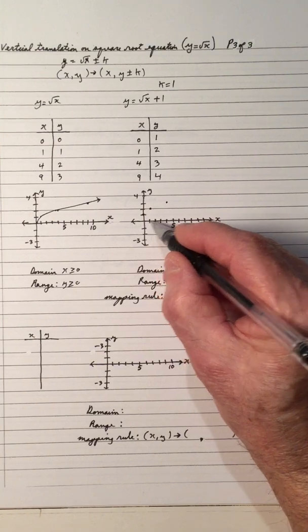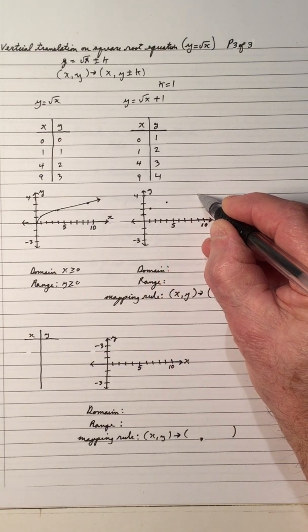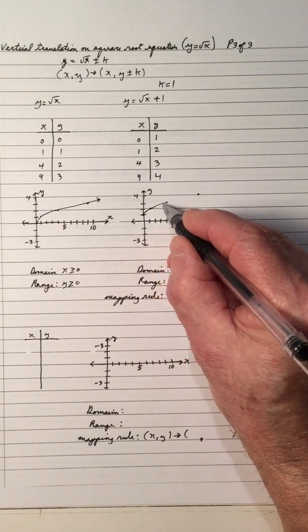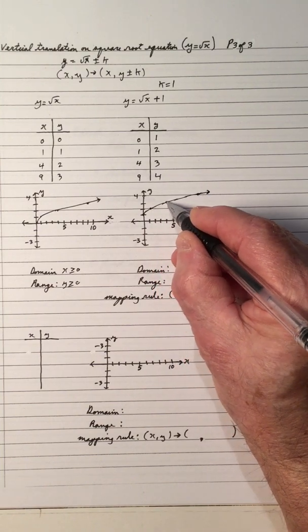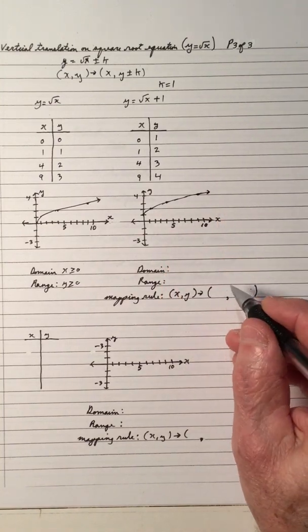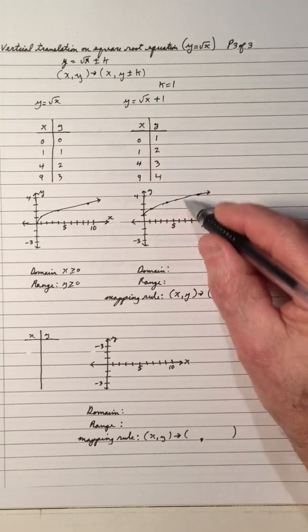And a 9 gives a 4. So it's moved up. The x's are not changed, so the x's didn't change, but the y, it only moved.